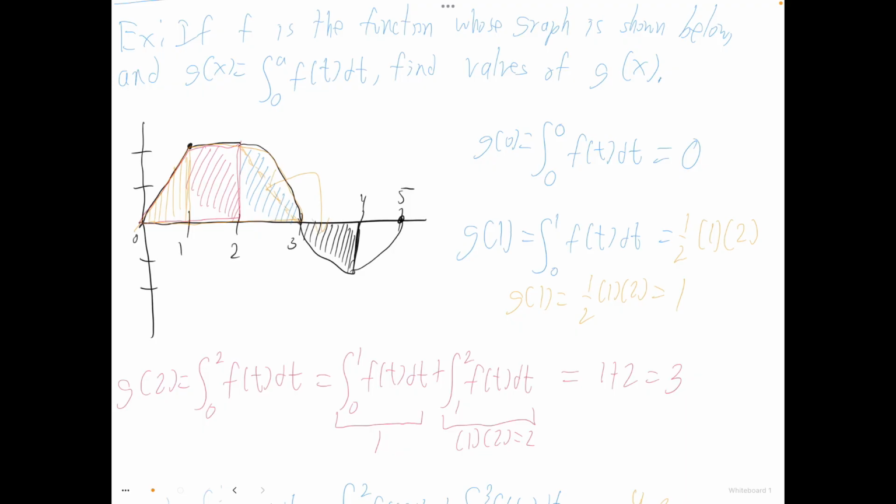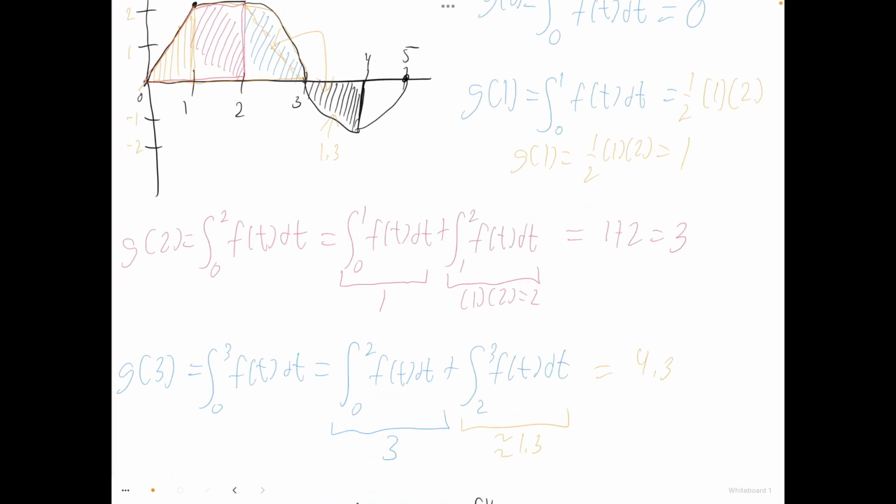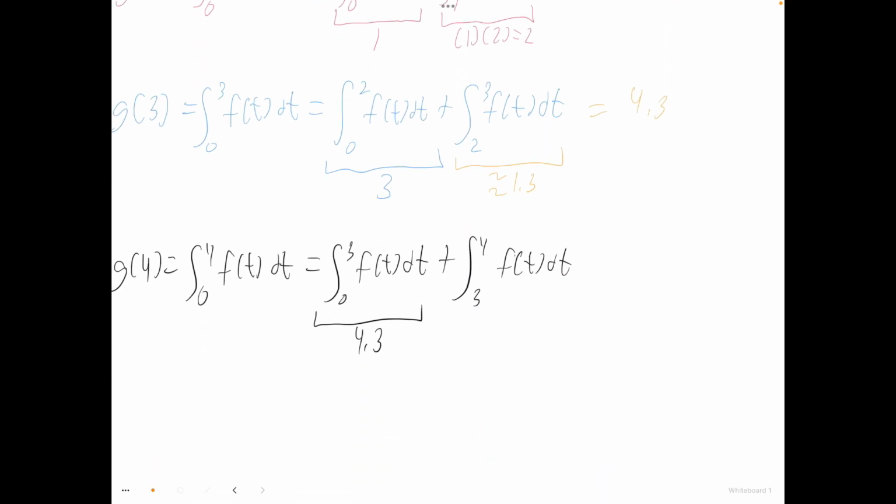That's not very clear because I didn't space things out, but notice this goes up 1, 2, and this goes down to -2. They're supposed to be the same. I'm just not drawing it very well. So we're going to say this has about an area of 1.3 as well. But because it's below the x-axis, we have a negative value. So this piece from 3 to 4 will be negative 1.3.